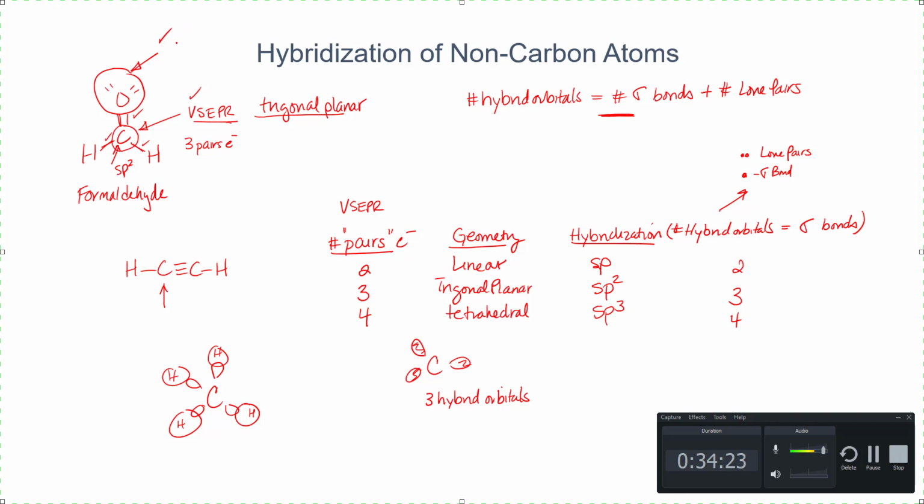All right, hopefully you chose the fact that it has 1 sigma bond and 2 lone pairs. That means it has 3 hybrid orbitals, which would make it sp2 hybridized. So what's that oxygen's geometry? It is also trigonal planar.